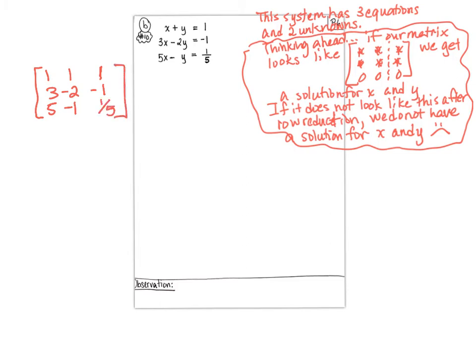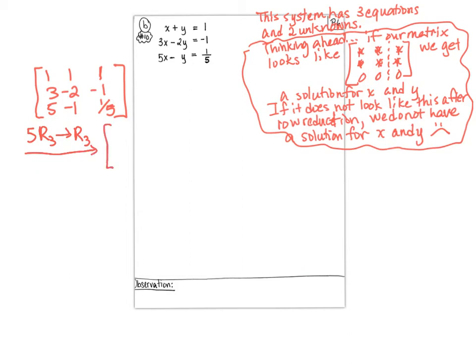Good. Do you want to deal with fractions the whole time? So we're going to eliminate this 1/5 here by multiplying row 3 by what? 5. Good. So we're going to do 5 row 3 to get a new row 3. That's going to give us the matrix.